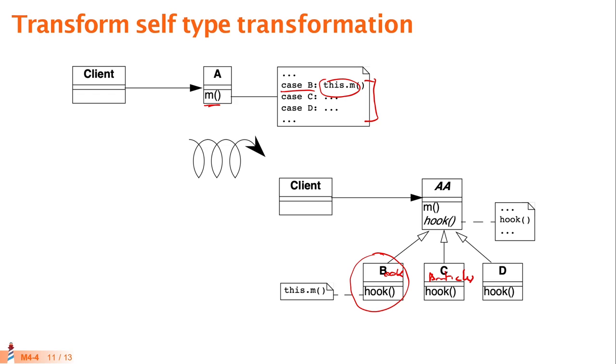And the client now will delegate to these objects through a new method, that in this case we put a generic name, hook, but it can be any name. But the important thing is that we are extracting the code that is in each of the cases and putting each in a separate class.